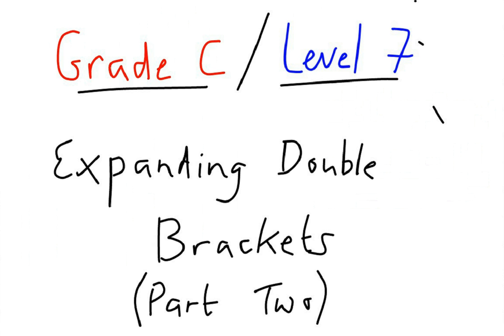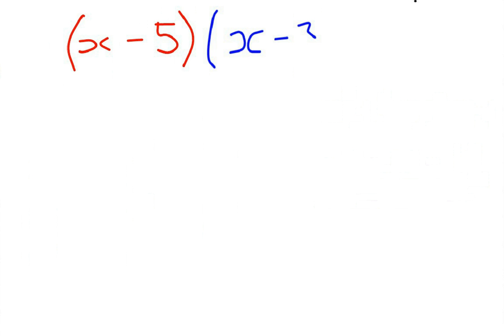Okay, so to start with, I'm going to give you two brackets that we are going to expand. The first one is x minus 5, and the second one is x minus 3.